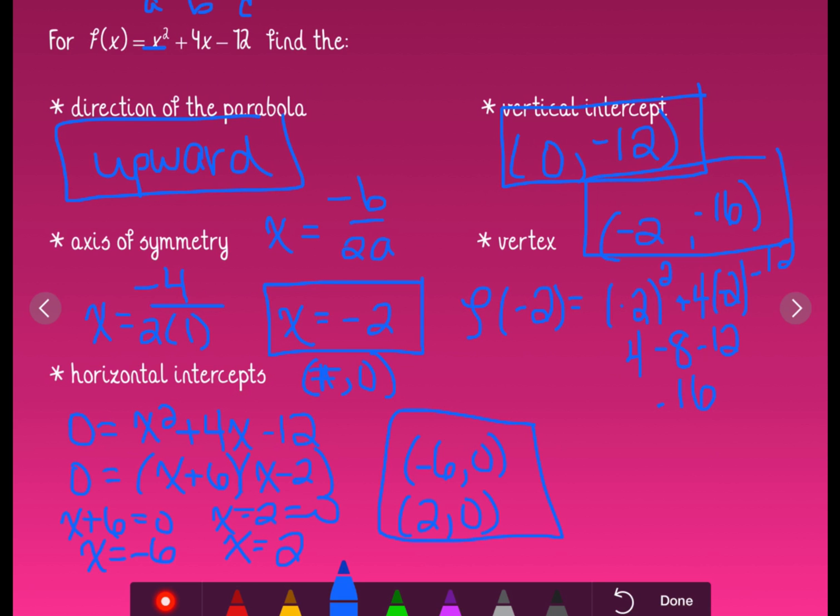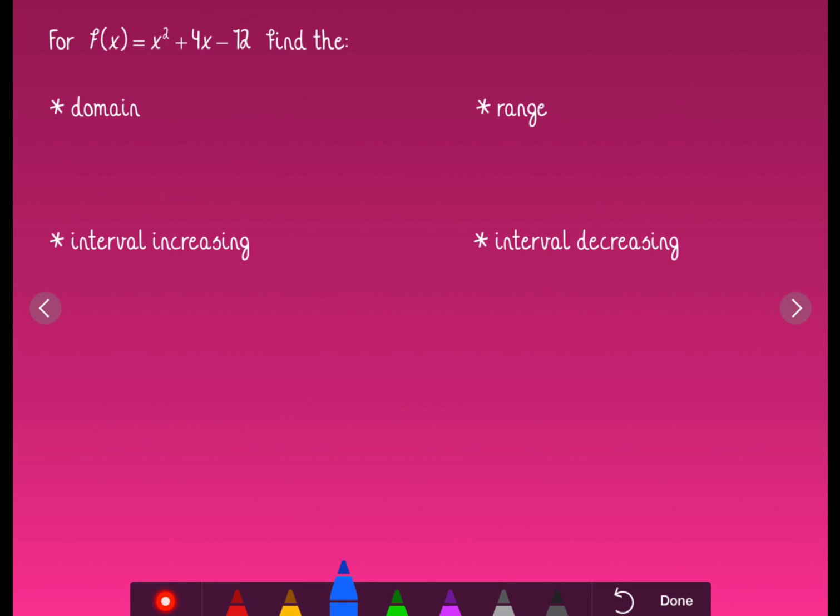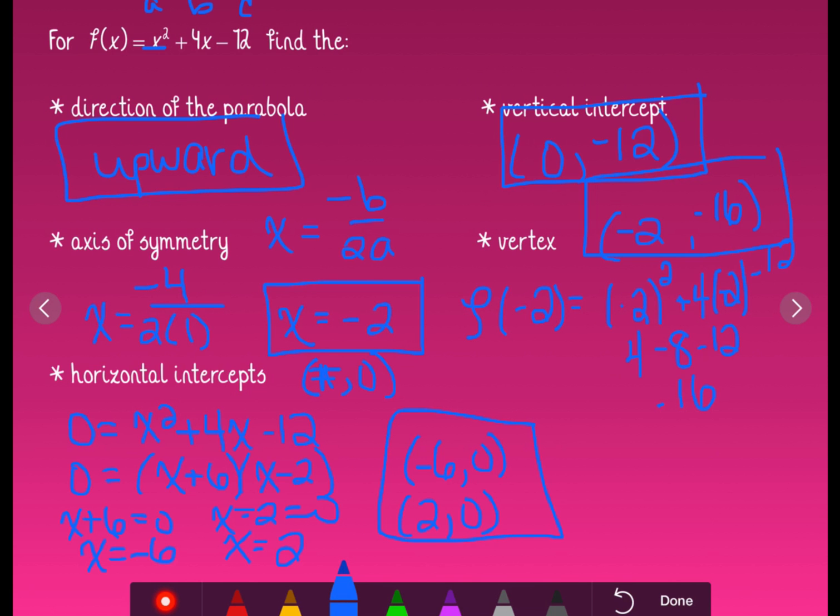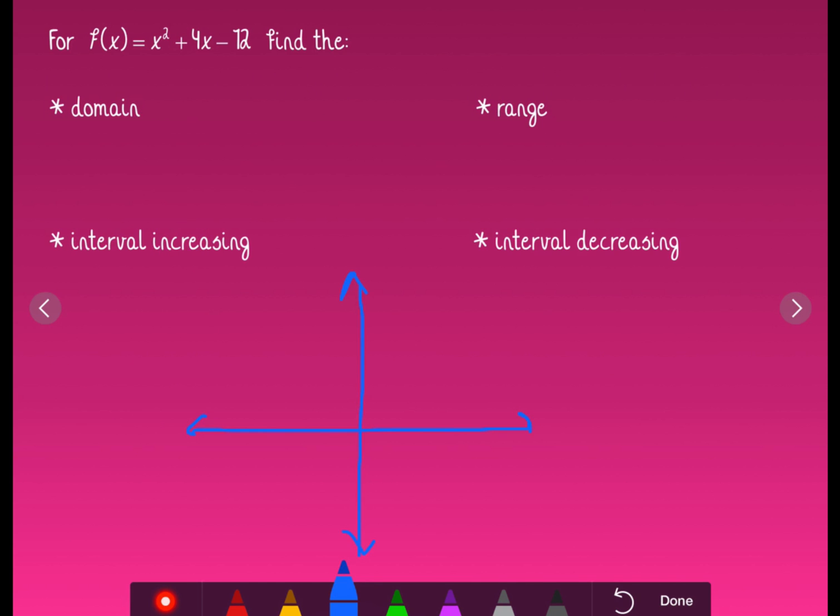We can actually use all of this information to draw a really quick sketch of our parabola. So I'm going to do that over here. I know it's upward facing. I know that there is an intercept at 0, negative 12. So negative 3, negative 6, negative 9, negative 12, 15.